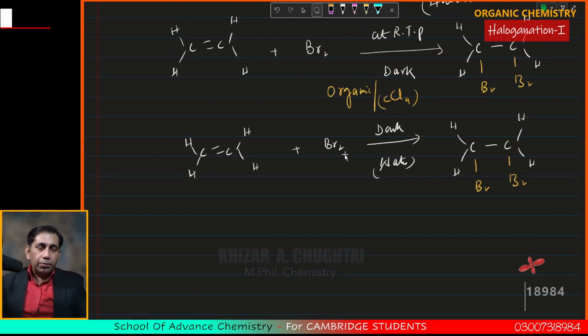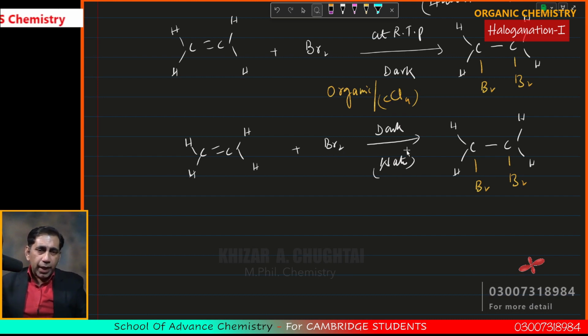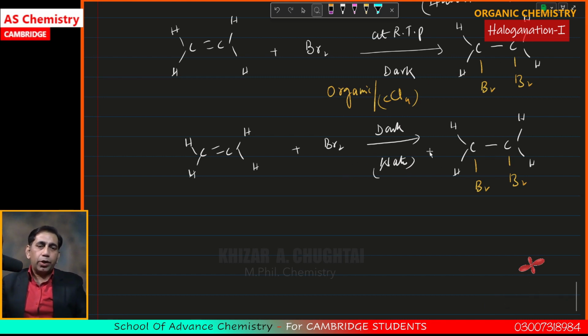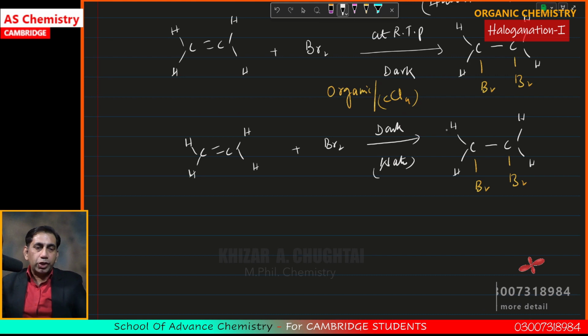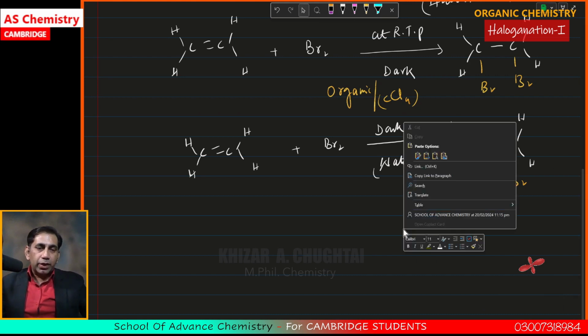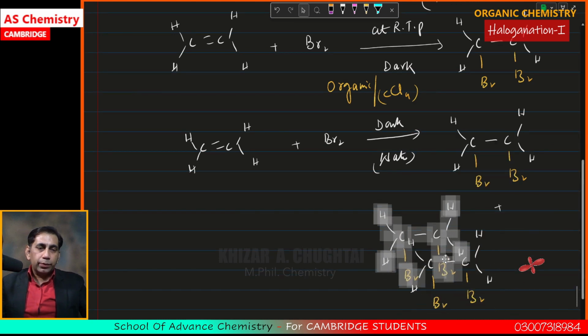Whenever I'm going to add Br2, or any halogen, and I'm also using the aqueous medium, then one compound is similar to the one if I'm not using aqueous medium. If I'm using organic medium, CCl4 or ethanol, then there is the formation of only one compound, that is 1,2-dibromoethane. If I'm using water, then there is a change in the answer. One molecule is this one, and what is the next molecule that is supposed to be formed?